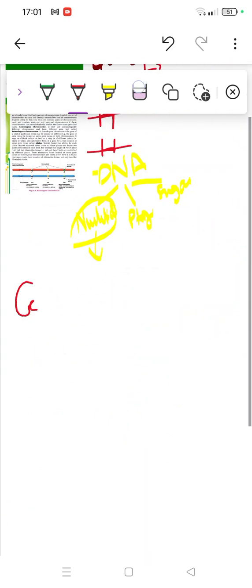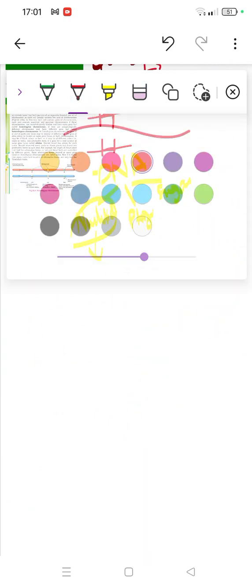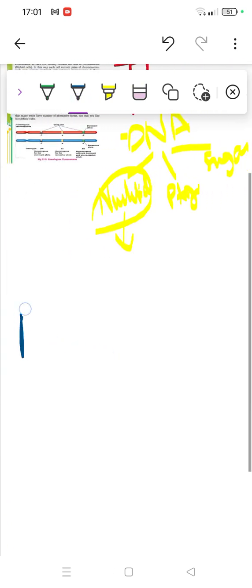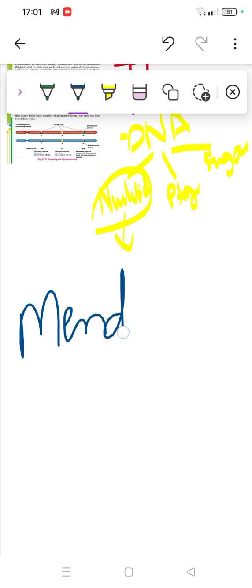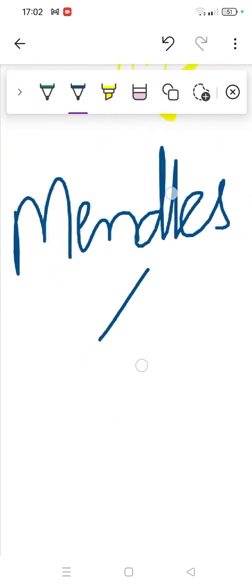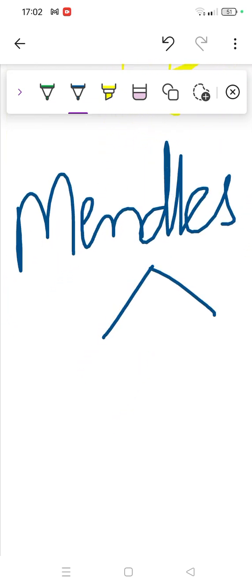Before that, there was one scientist named Mendel. Even in matric, we would have studied about this. Mendel has laws, like the law of segregation and so on. What did he say? He told about factors. We know chromosomes are taken from both our mother and our father, right?